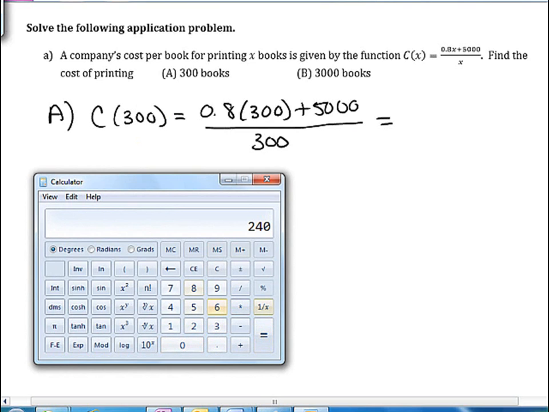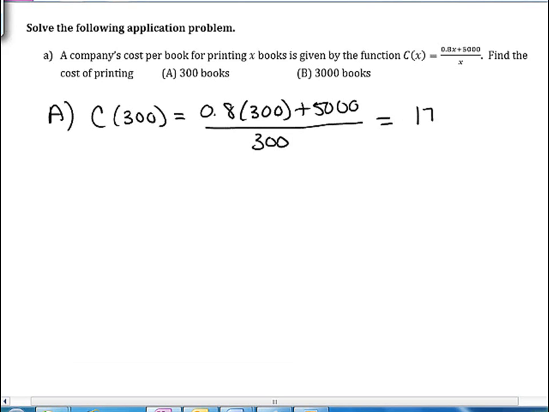That gives us 240, and then we also need to add the 5,000 in the numerator, so plus 5,000. And that gives us 5,240, and then divide by 300. And so our final answer is 17.46 with the 6 repeating, but this is money, so we're just going to round to 2 decimal places. So that would be 17.47.